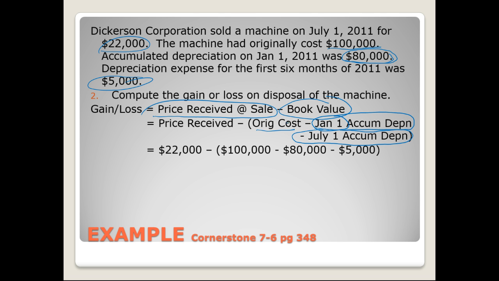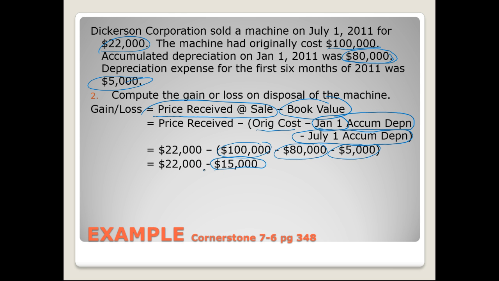So they received $22,000 in cash minus the current book value as of July 1st, 2011. If we take $100,000 original value minus $80,000 of accumulated depreciation at January 1st minus the additional $5,000 in accumulated depreciation, we find out the machine had a book value of $15,000.